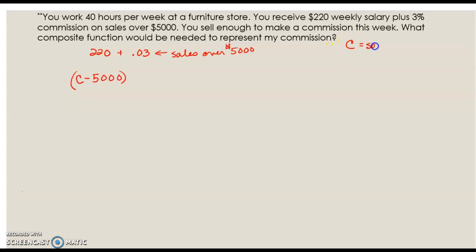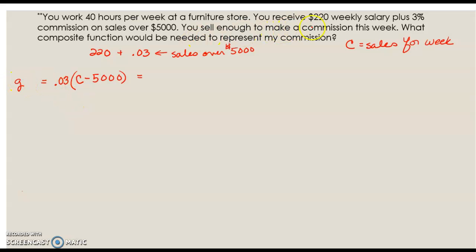C are my sales for the week. Okay. So we'll have c minus 5,000 and 0.03 times that. That would give me my function to find my commission.